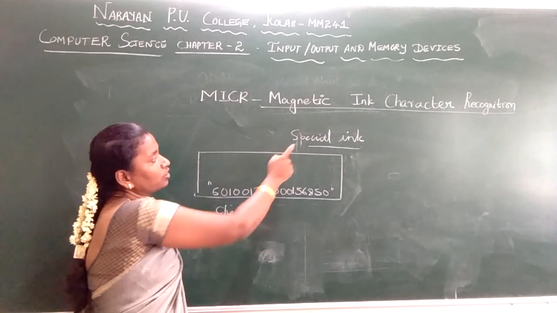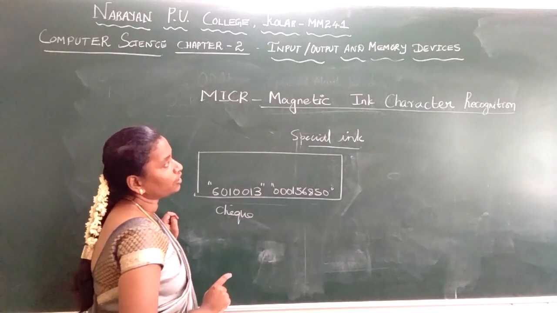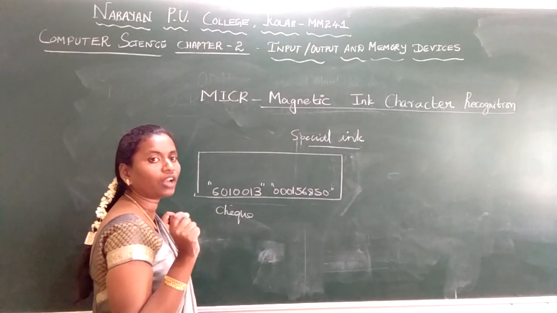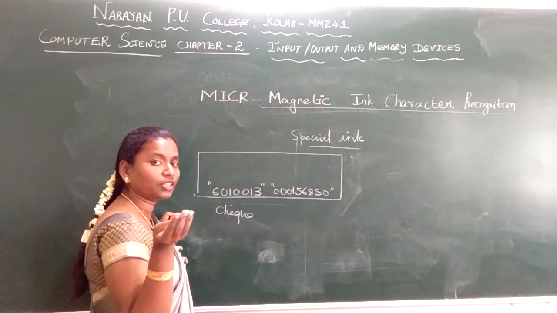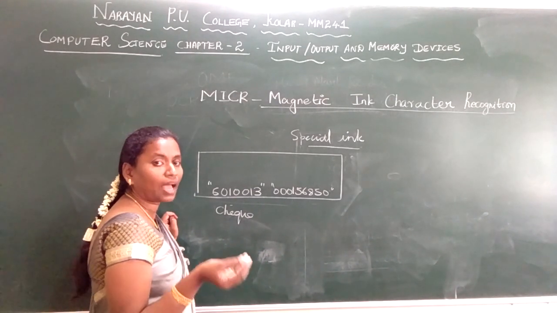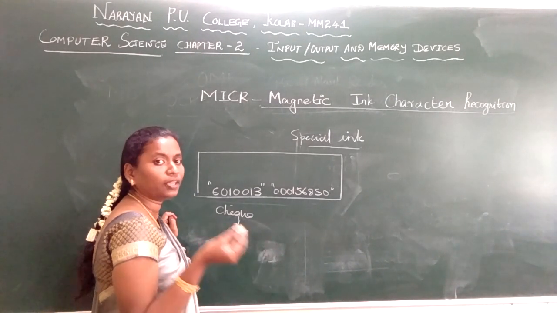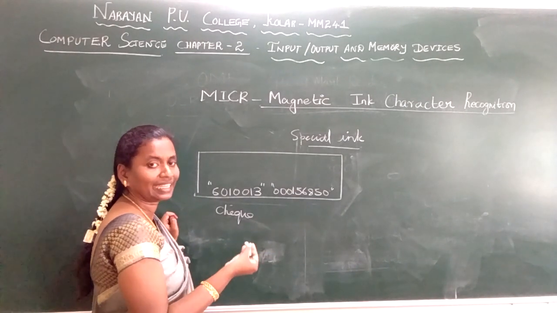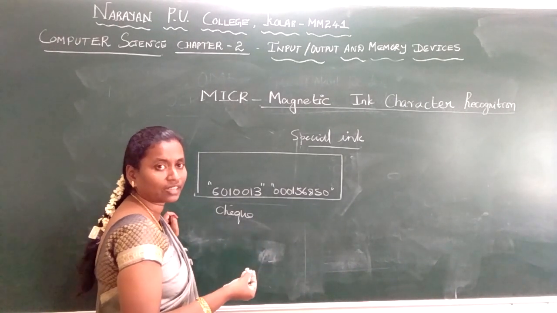In order to read those characters, they use a special input device called Magnetic Ink Character Recognition, and it is more accurate. When you use a scanner, it may not be very accurate, because even in banks, when you sign your paying slips and all, if your signature slightly varies, it gets rejected, isn't it?